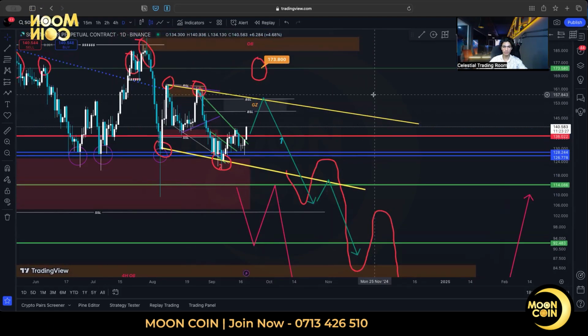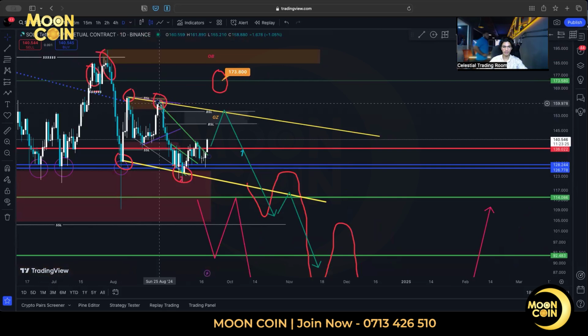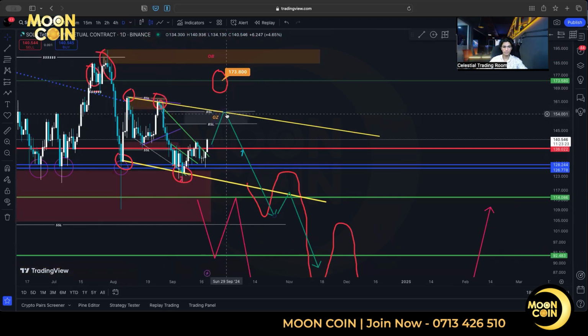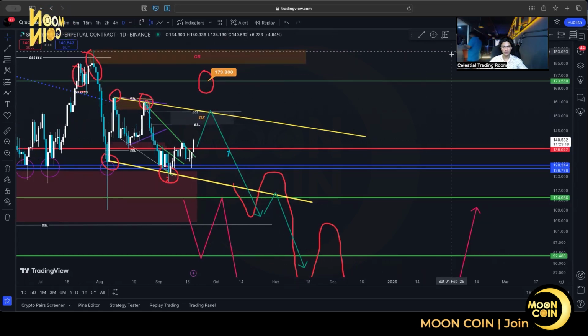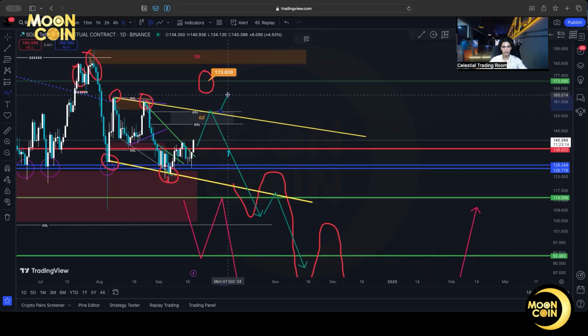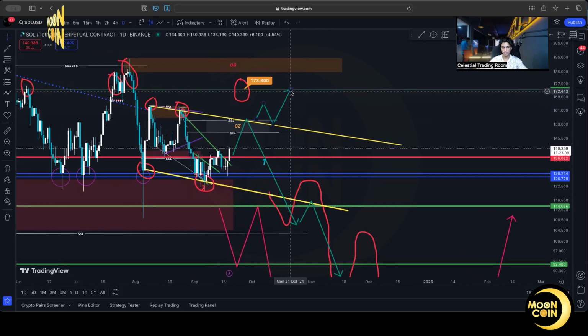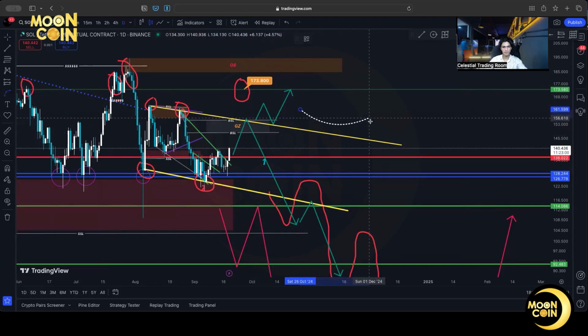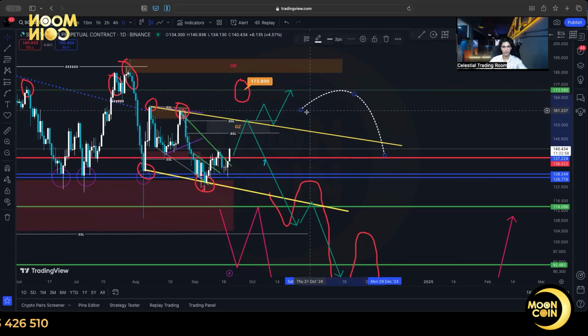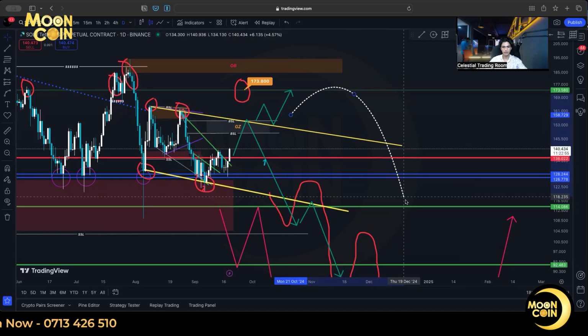So in here you can see the first and second mitigations, and in the third we could expect a breakout. If it was a breakout, then it could lead to this trend line, and from there we can expect a fall like this.